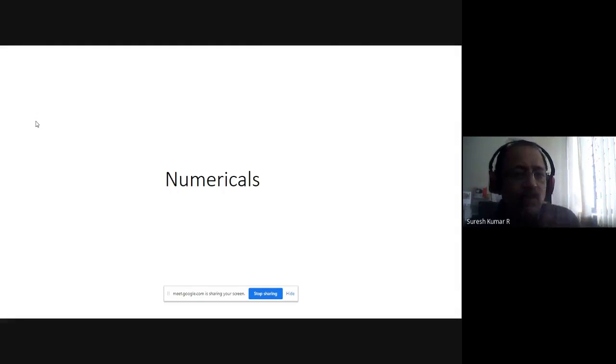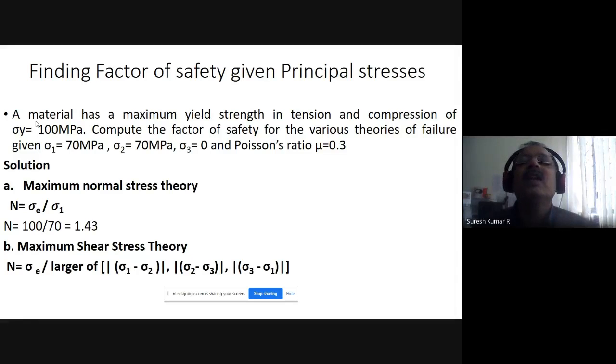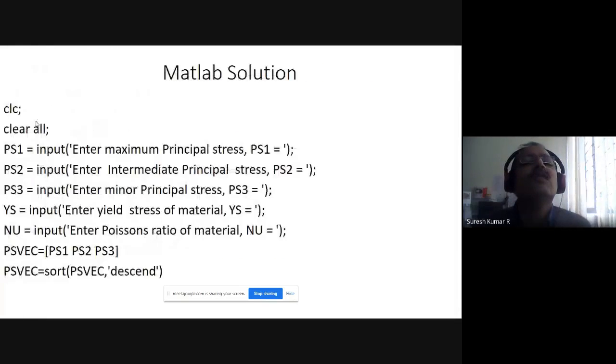Now the same problem, if I solve using MATLAB, I have to input sigma 1, sigma 2, sigma 3. So first thing I do is clear the screen and clear all the data inputs so that I can input my data here.